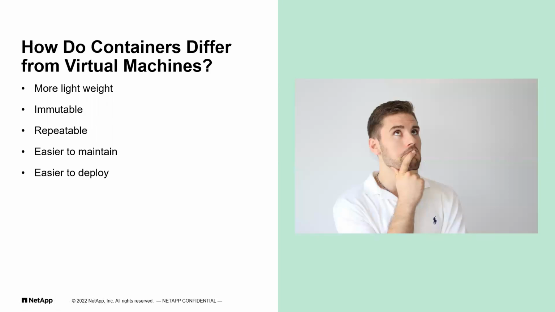So one of the most common questions I hear is, how do containers differ from virtual machines, right? Well, the first difference is that containers are just more lightweight, right? When you think about a virtual machine, you've got the operating system itself running, the kernel. Then you've got all the system services that run on top of the operating system.